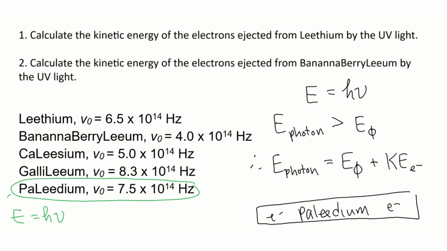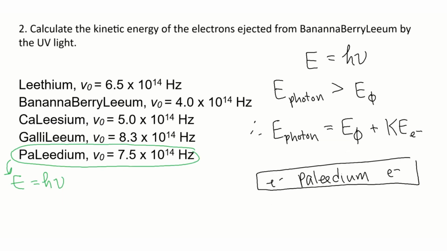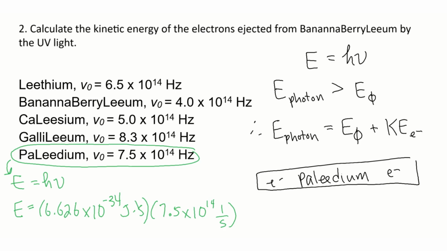So let's start by turning this frequency into a quantity of energy. We can use the equation energy is equal to Planck's constant times frequency. We're given the frequency of palladium, so we're going to multiply that by Planck's constant.